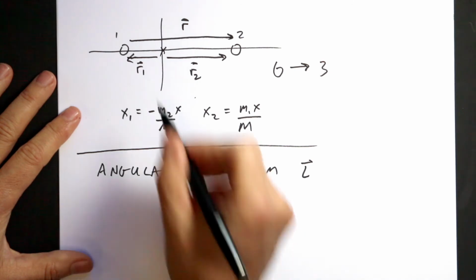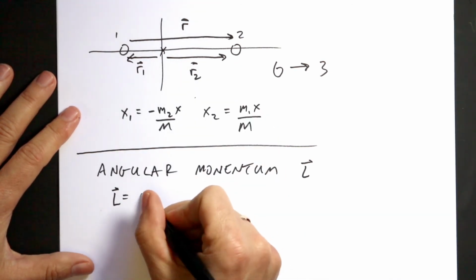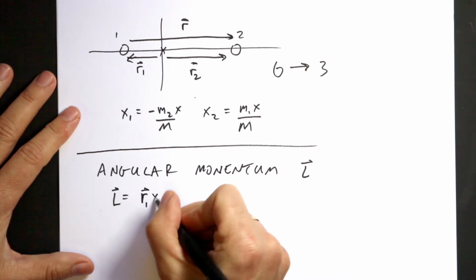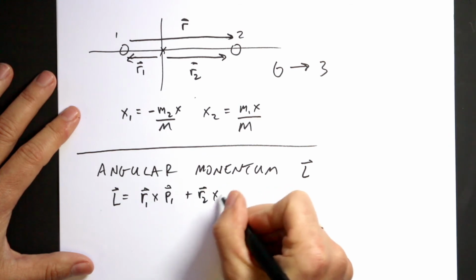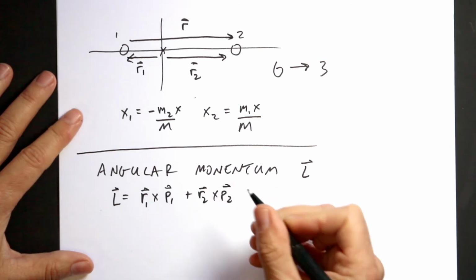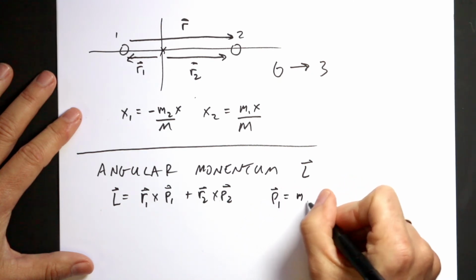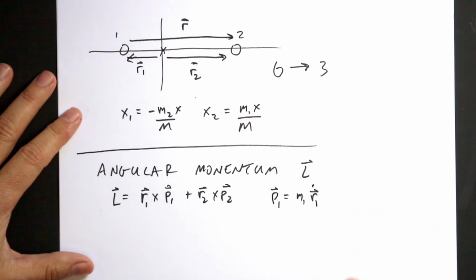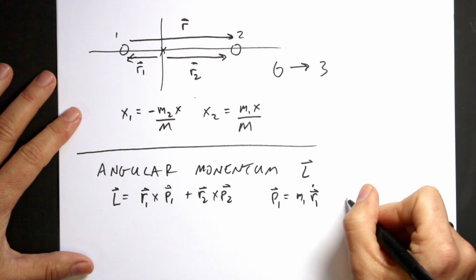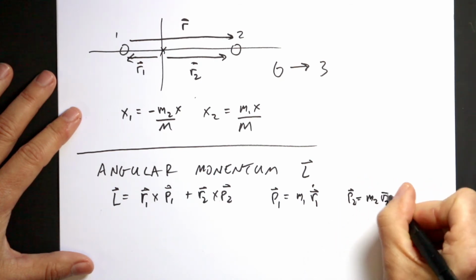The angular momentum about the center of mass is defined as L equals R1 cross P1 plus R2 cross P2. That's the definition of angular momentum, where P1 is M1 R1 dot, since momentum is mass times velocity, and P2 is M2 R2 dot.